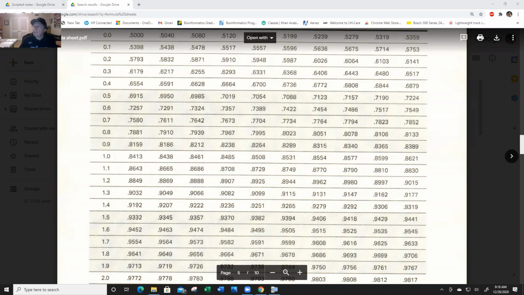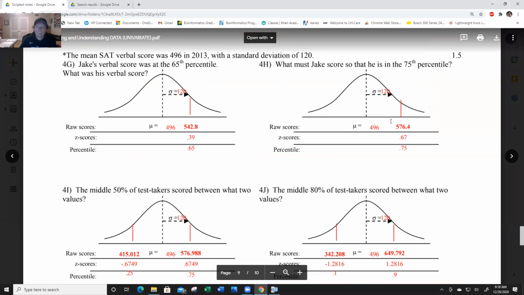All right, so what I did is I went from here up one level, 0.67. Now to get this answer, I'm going to use my handy formula. The z-score, 0.67, equals the number x, which I don't know, it's going to come out to this number that I'm circling, minus 496 over 120.